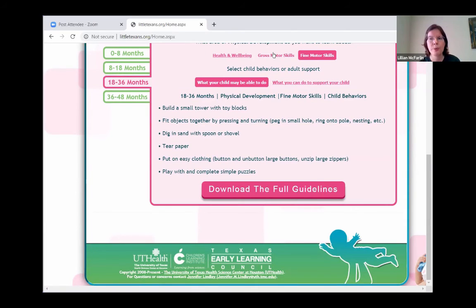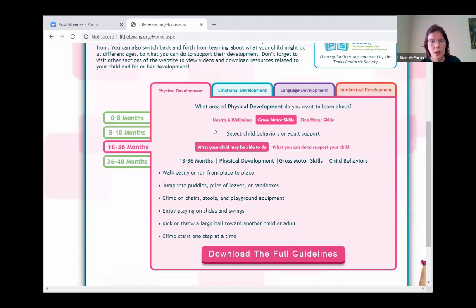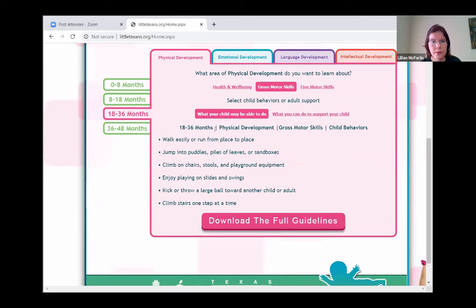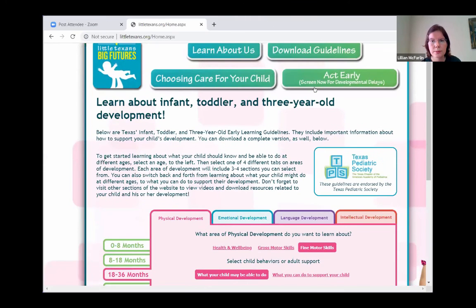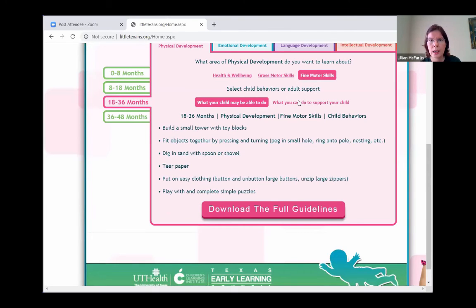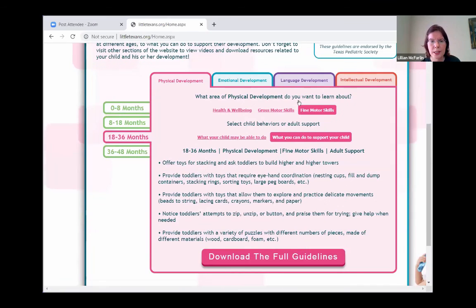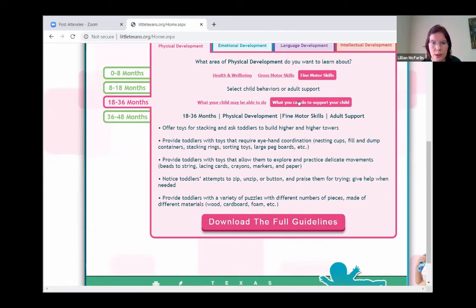Let me look in gross motor and see if there's anything in there. No, so I think you were correct in that it's fine motor. I'm going to also look at what you can do to support your child and see if there's anything there. I'm seeing a couple things here that might be helpful to us.